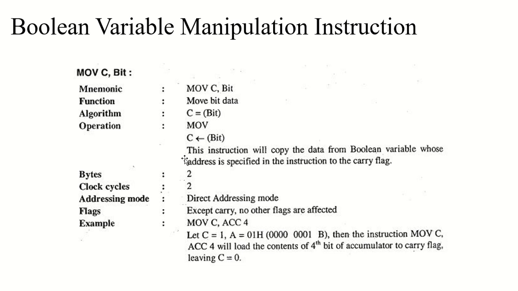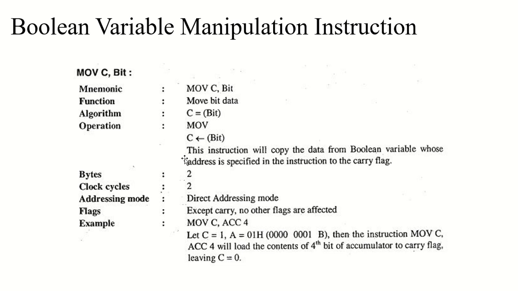So for example, let's say MOV C, ACC.4. Let's say carry is 1, which means C is 1, and the accumulator has 01H. Then the instruction MOV C, ACC.4 will load the content of the fourth bit of the accumulator to the carry flag.